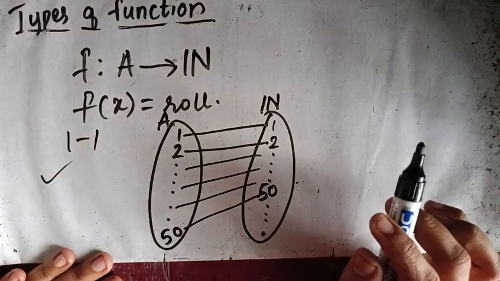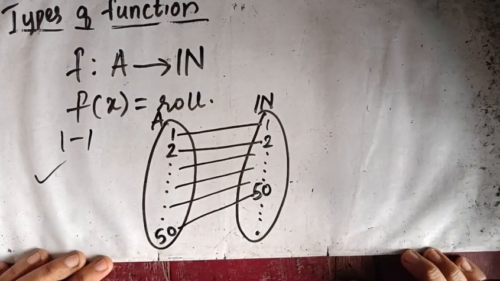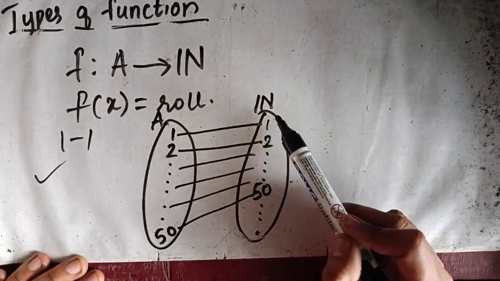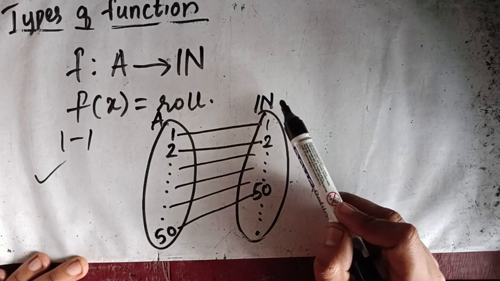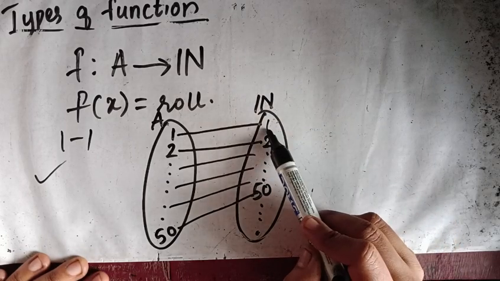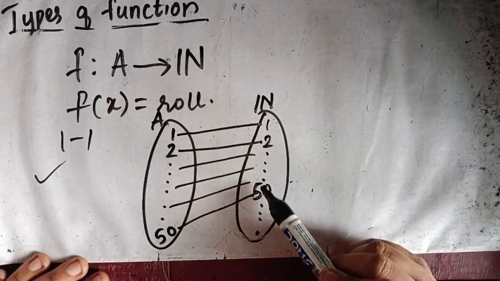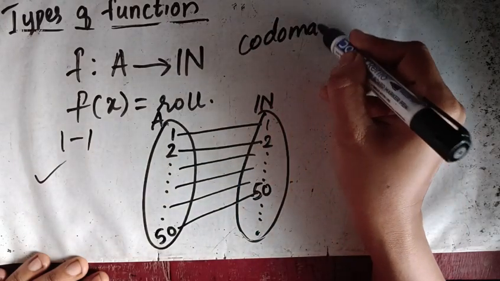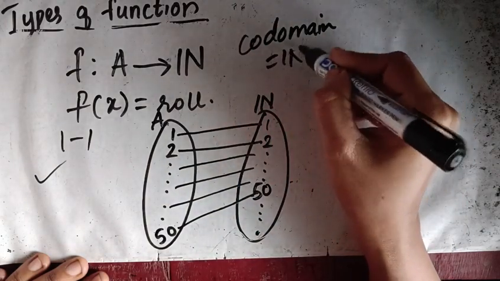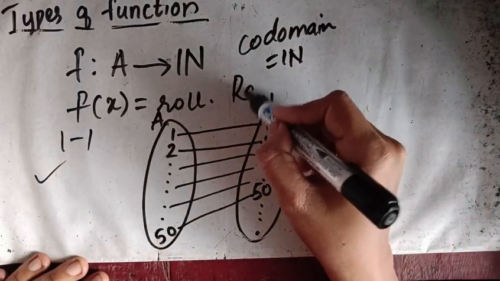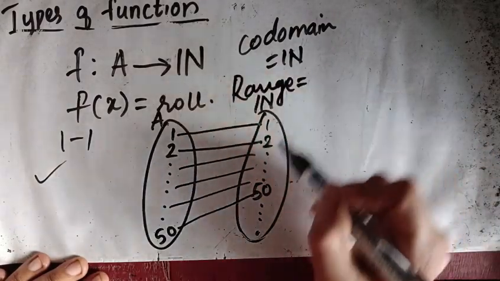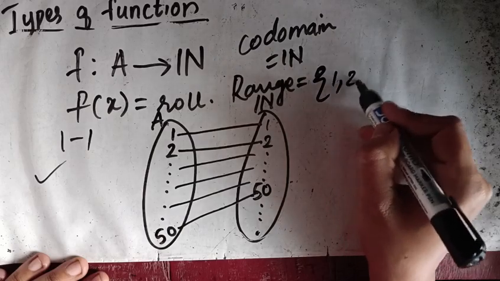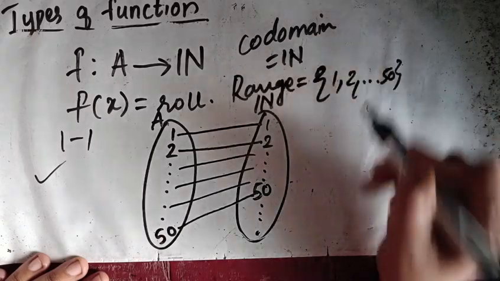Okay, now to prove that it is onto, we have to look at the elements of this set, that is Y set. This is a set of natural numbers. And we know that this is my codomain. Codomain is the set of natural numbers. What about the range? Range is the set of all mapped elements till 50. It is till 50 only.